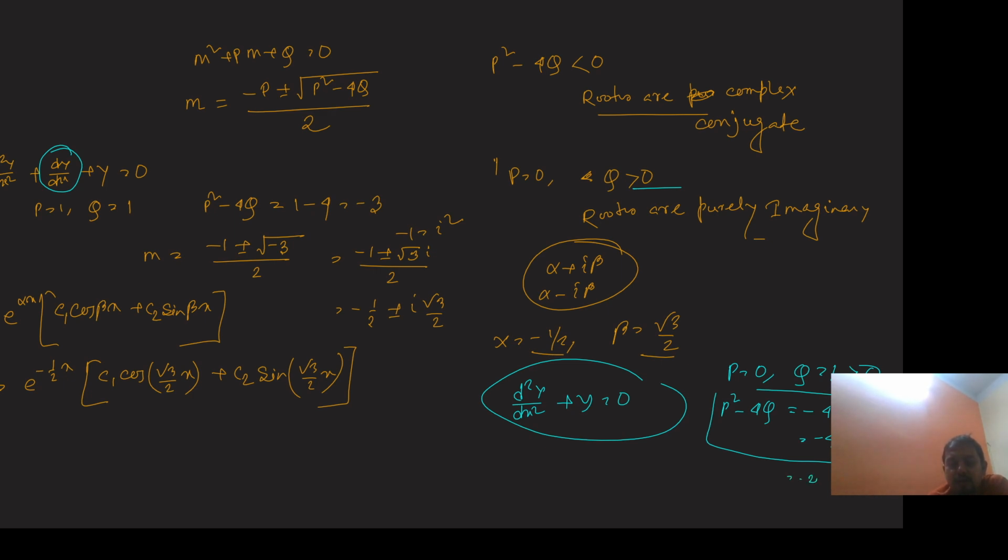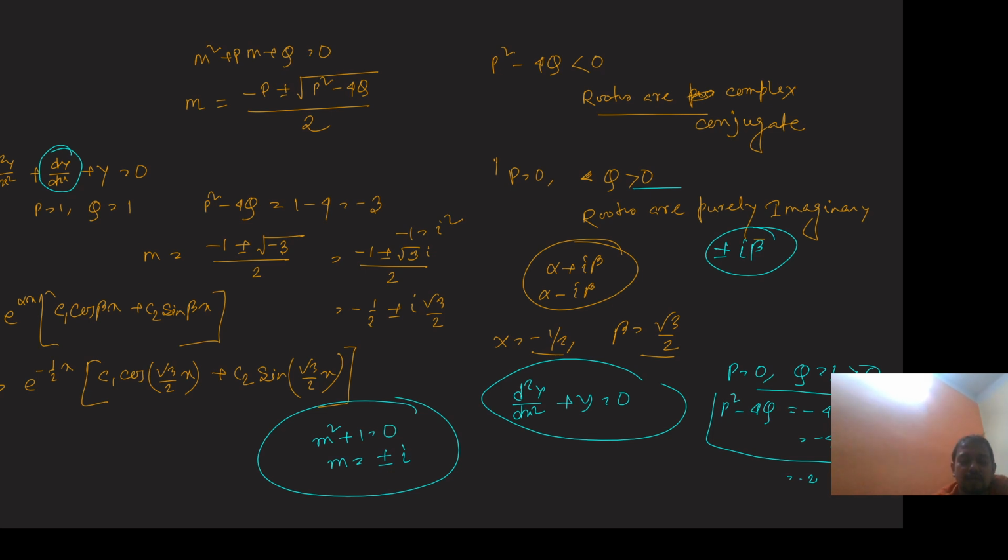You see here the auxiliary equation is of the form m square plus 1 is equal to 0. So from here we can find m is equal to plus minus i. So here the roots are of the form plus minus i beta.